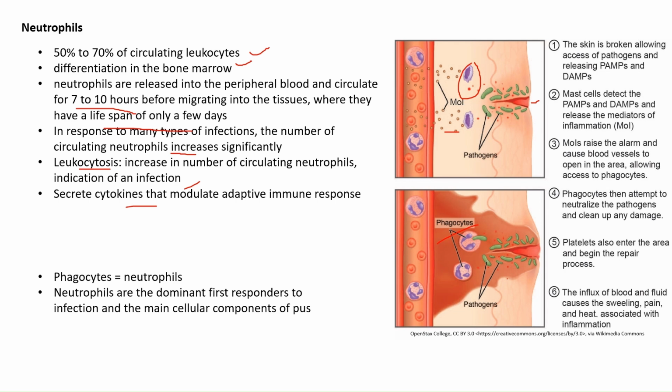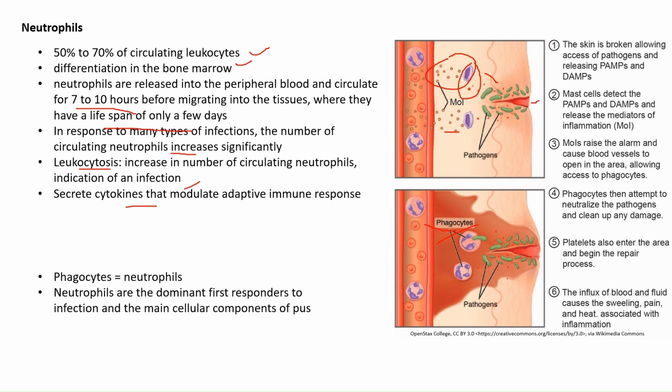They phagocytose. So neutrophils are the dominant first responders to infection and the main cellular component of pus, because as you can see here, as soon as the pathogens entered, some cells recognized these pathogens and released some chemicals, these dotted chemicals. After the release of these chemicals, these phagocytes enter this particular site to neutralize the antigen.